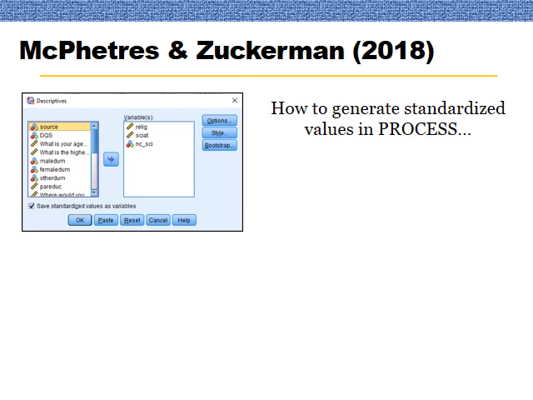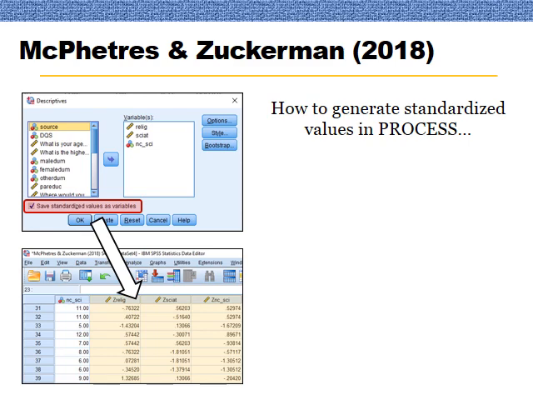And importantly, we would click the box at the bottom of this pop-up window that says Save Standardized Values as Variables. When we then click OK, SPSS will give us descriptive statistics in an output window, but more importantly, if we go back to Data View, we'll see that at the very end of Data View, we now have standardized scores for each of those three variables.